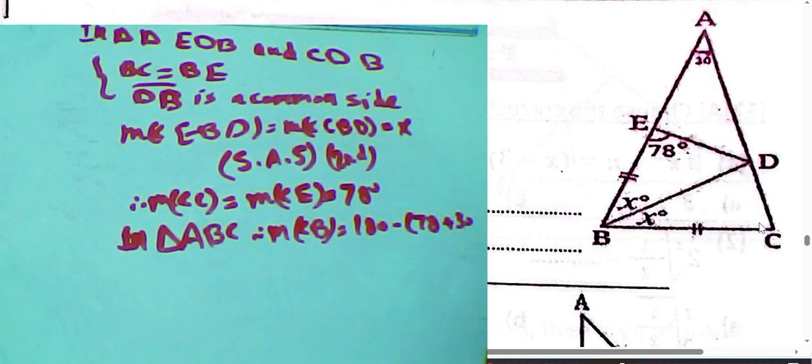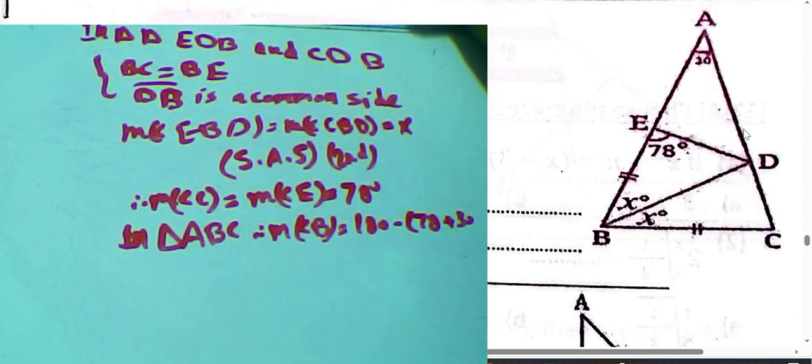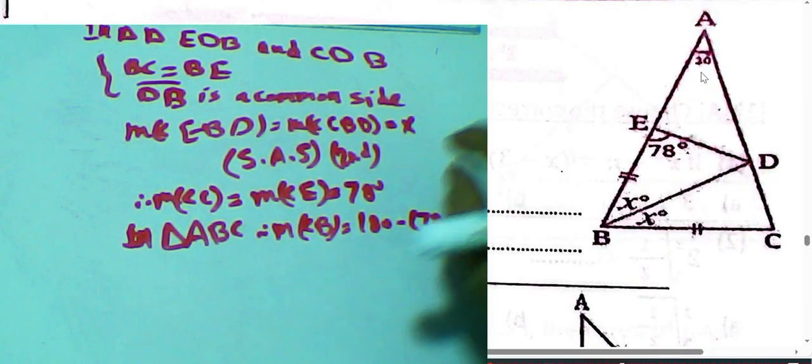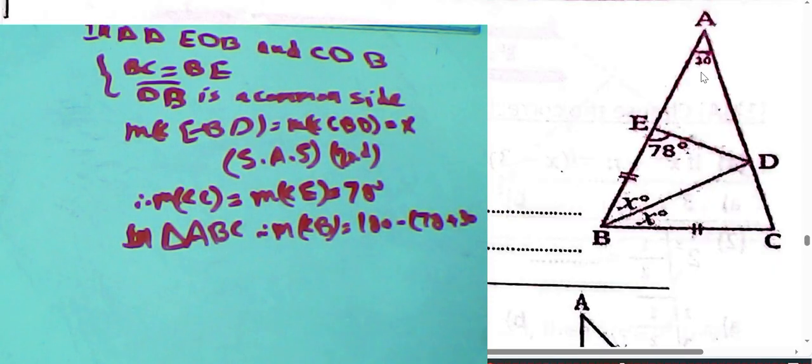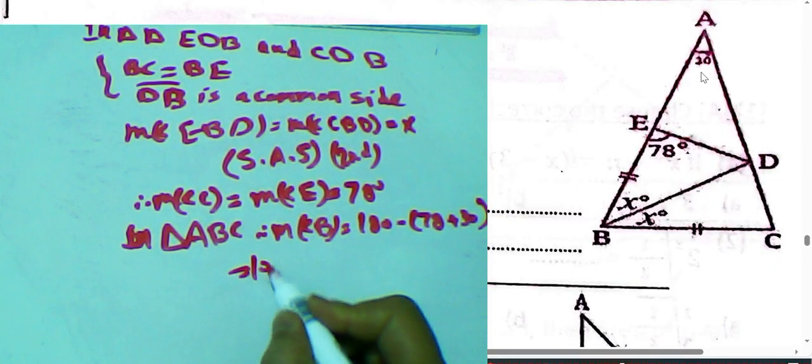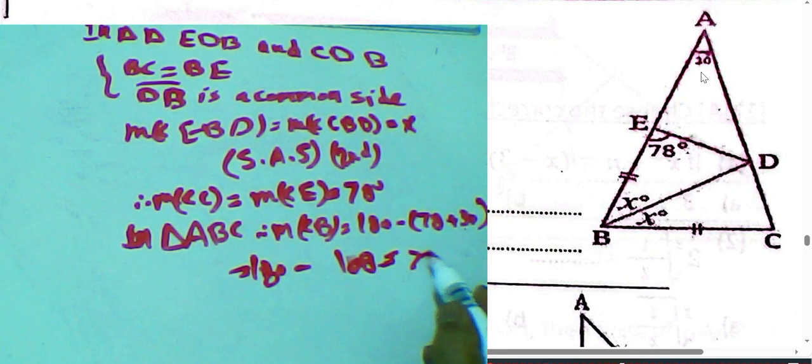The angle at the vertex was 30, I can't see it exactly, it's not clear to me, so I will solve it with 30. 180 minus 108 gives 72.